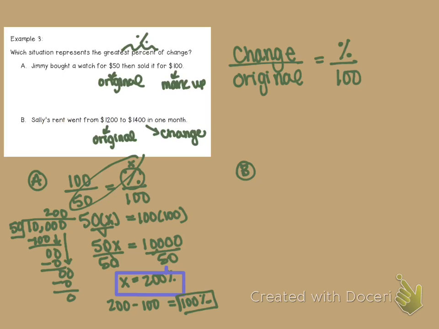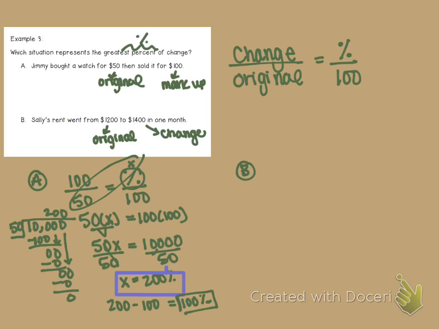So the reason why we subtract 100% is because the full price of the original is 100%. But if I am marking it up, it's what beyond that 100% are you marking up? And so I take my 200 minus 100 and get 100% markup. So that means that they doubled the price.